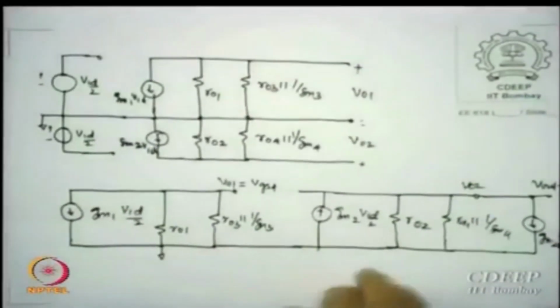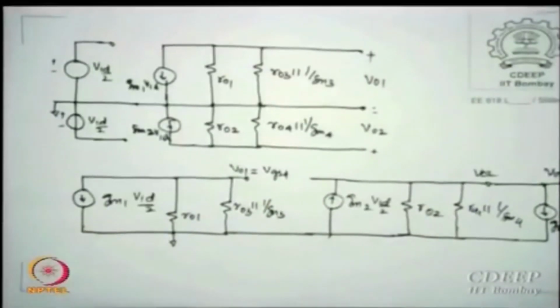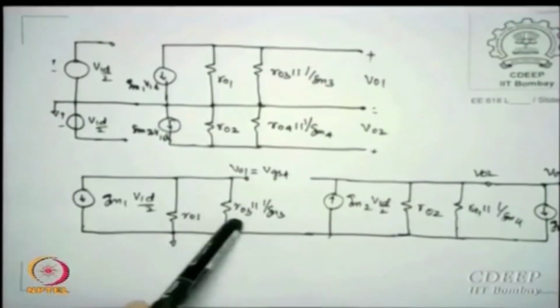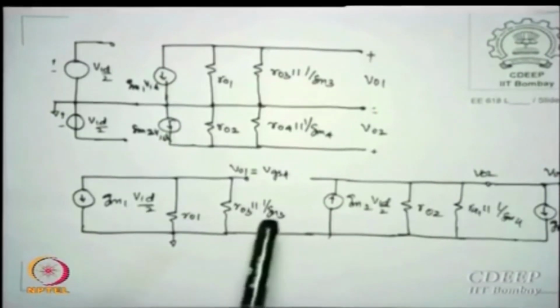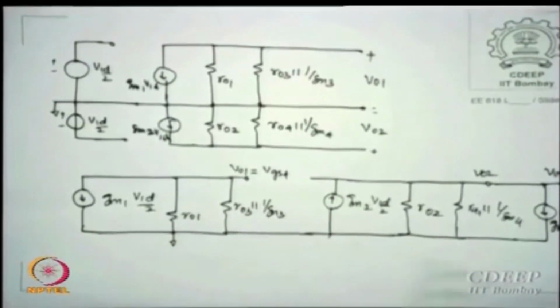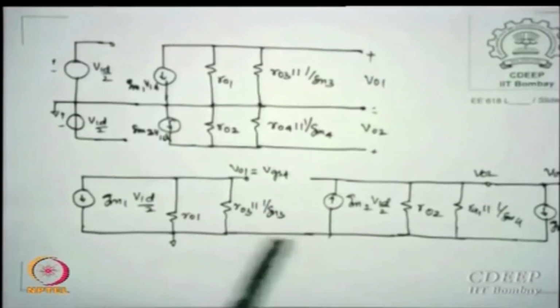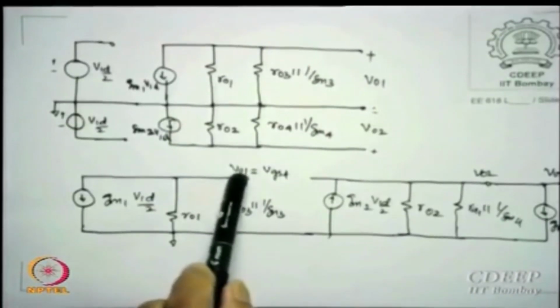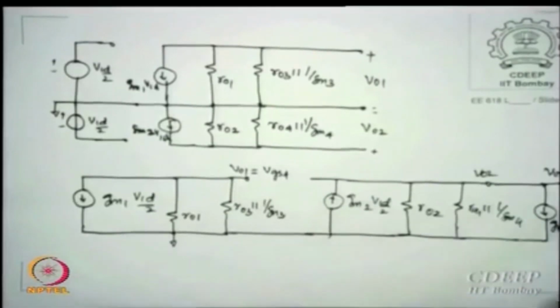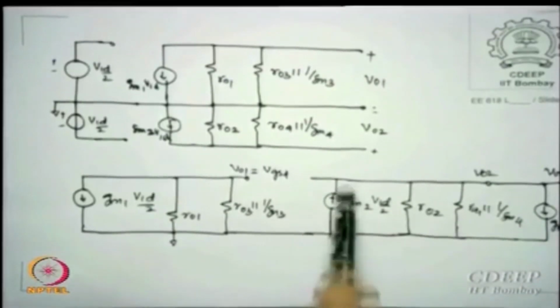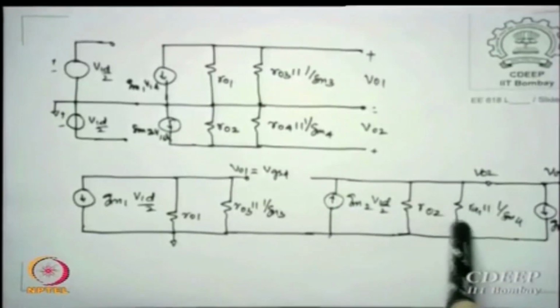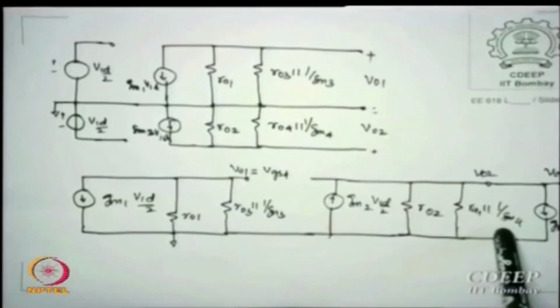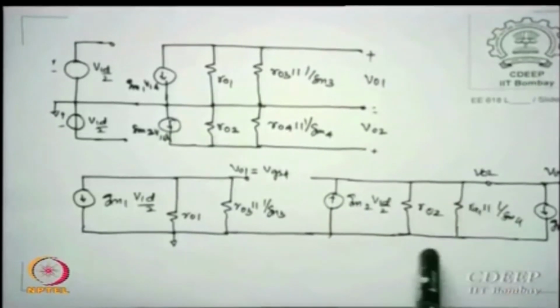We derived finally an equivalent circuit, which I want to show you again. For the M1 M3 side you have GM VID by 2 times RO1 parallel RO3 parallel 1 upon GM3, and GM3 may dominate because it is a diode connection, so it may dominate over RO3. However, as I said, VO1 is VGS4 and that is further used on the M2 M4 side, GM2 VID by 2 with RO parallel, and again GM4 will be neglected because this will dominate.